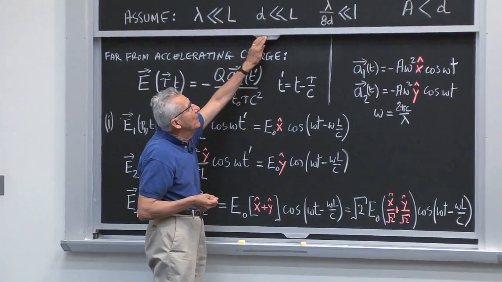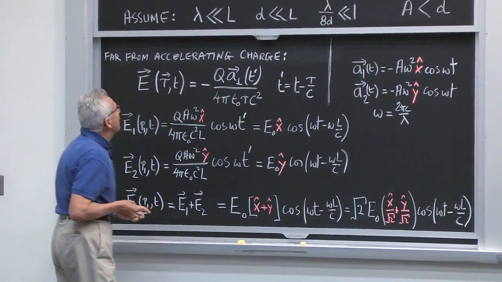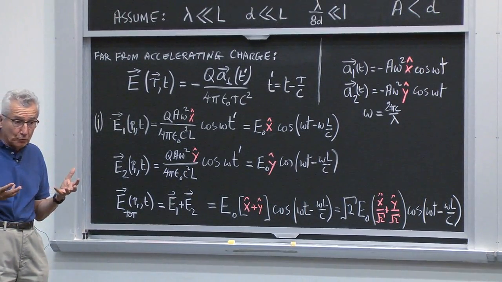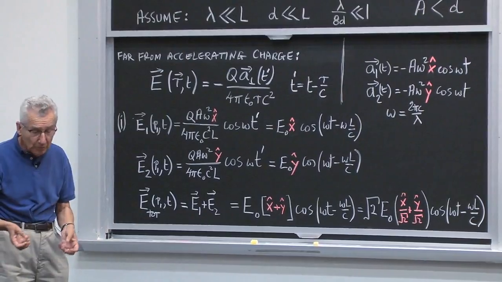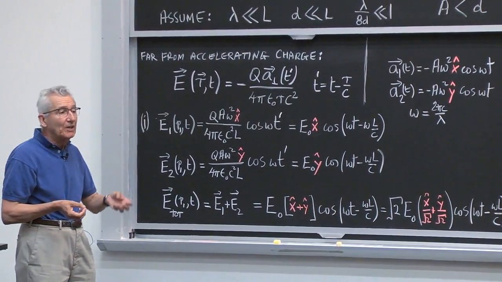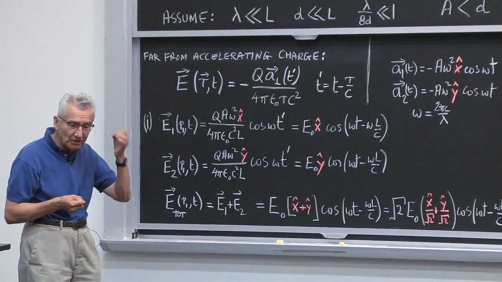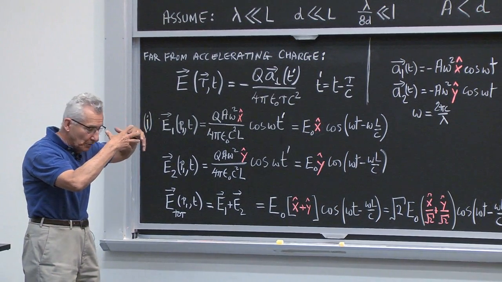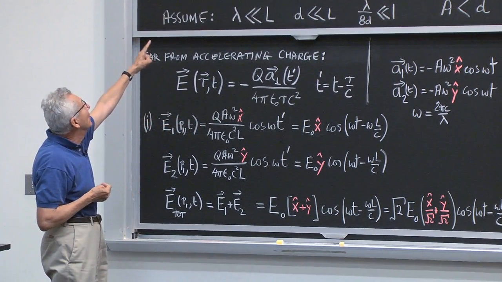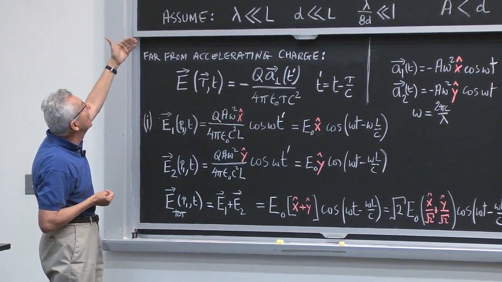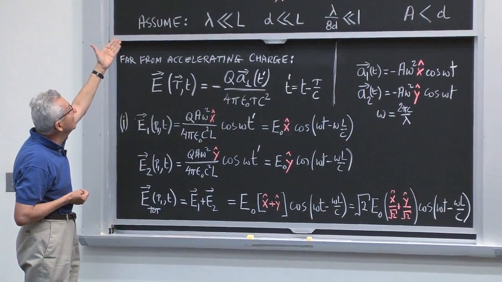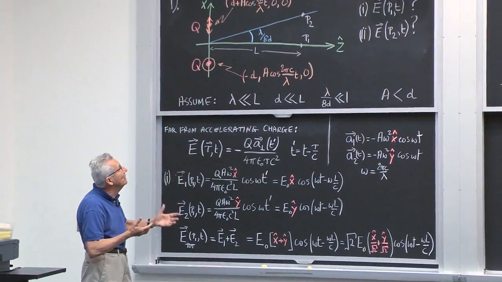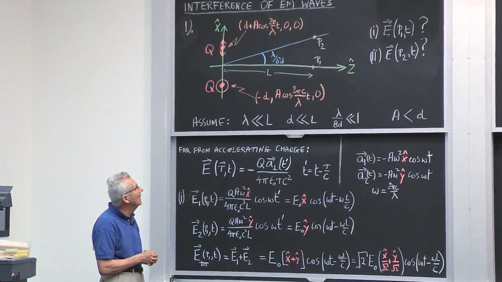Now, in principle, we should go to first principles, consider Maxwell's equations, consider what happens when the charge is oscillating, and in fact consider both charges, what they're doing at any instant of time, and solve in all of space Maxwell's equations to see what the electric field is everywhere.